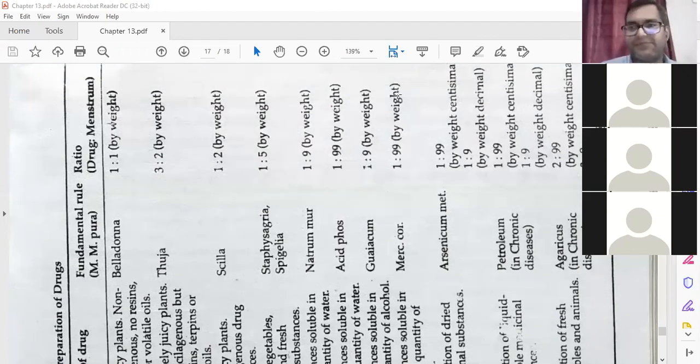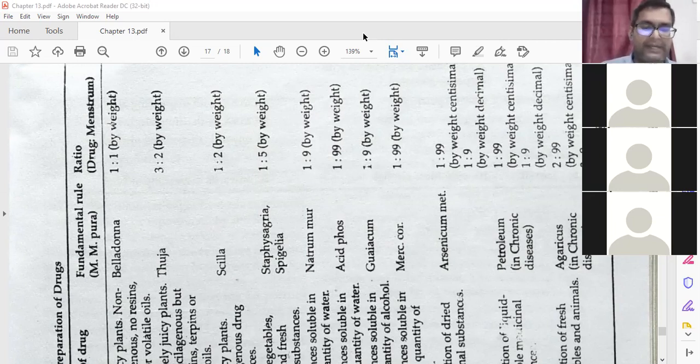Then next is class 4. Sources is vegetable and animal kingdoms. Nature of the drug: dried vegetable drugs and fresh animal substances. Then fundamental rules, Materia Medica Pura: Spigelia and Staphylococcus aureus; in these two drugs Dr. Hahnemann has explained. Ratio drug and menstruum is 1 to 5.